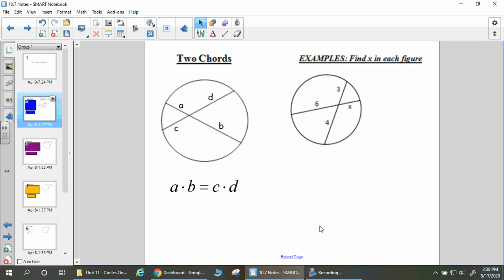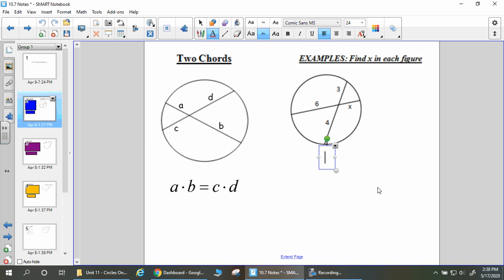And if we use that setup, A and B are two pieces of the same chord. C and D are two pieces of the same chord. So the key here is you are multiplying the two pieces that are on the same line. If I go over here to my example, 6 and x are on the same line, so I would need 6 times x. 3 and 4 are on the same line, so I need 3 times 4.